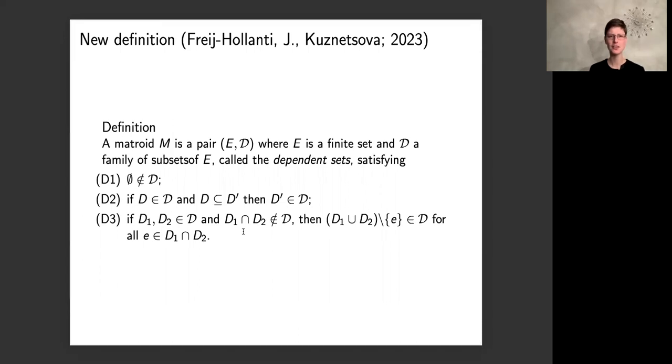Does that make sense? Yeah, I guess the short answer is you don't get that because the sets you add are getting bigger and bigger. So you won't accidentally add the intersection of two things because it's too small.